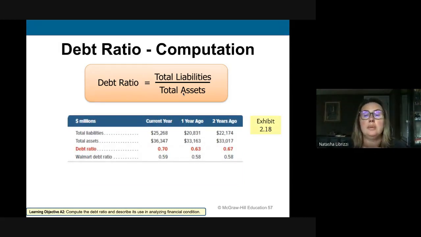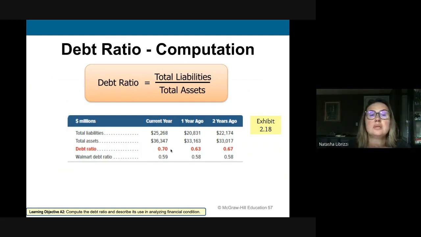So this is from a couple of years ago, but this is Walmart's debt ratio, and you can see their debt ratio for the current year is actually a little bit higher. You wouldn't worry about it as much, a 0.1 difference, but you can start comparing companies of different sizes with each other.